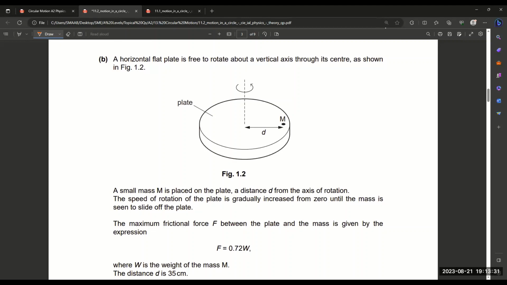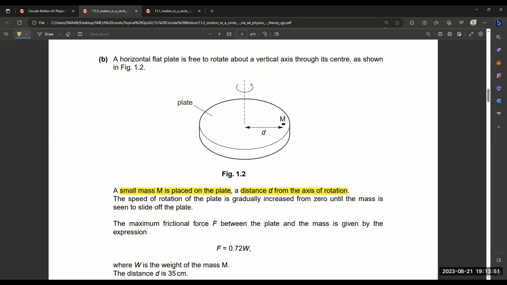In the third part, we have a horizontal flat plate that is free to rotate about a vertical axis. You can easily observe in the diagram that a small mass capital M is placed on the plate at a distance d from the axis of rotation.